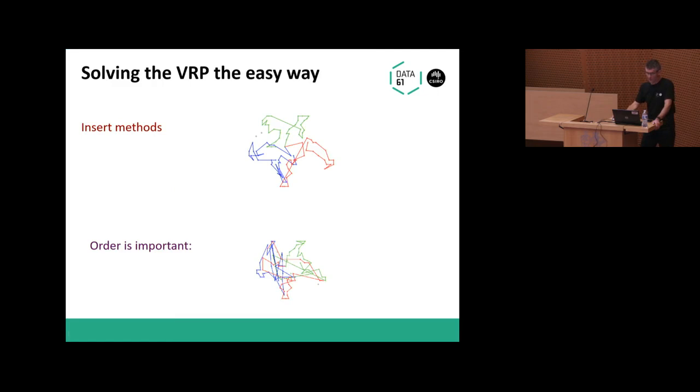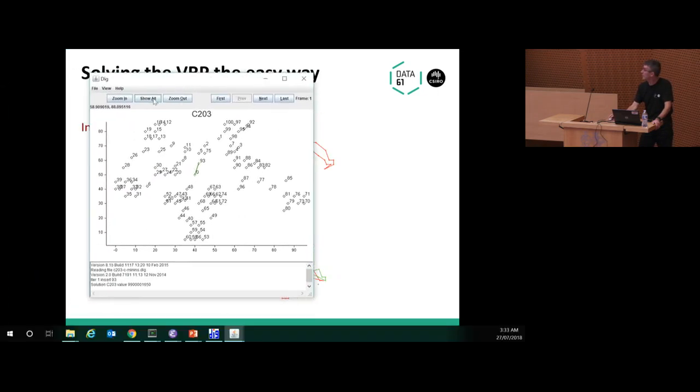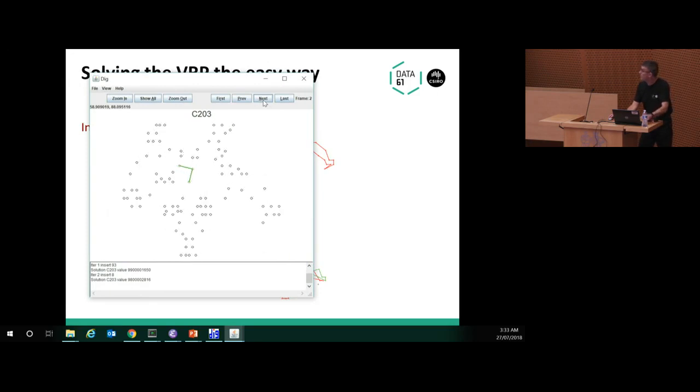Sorry, one more go. Okay, so we're finding the customer that's going to increase the cost by the least and then inserting it in that position that increases it by the least.